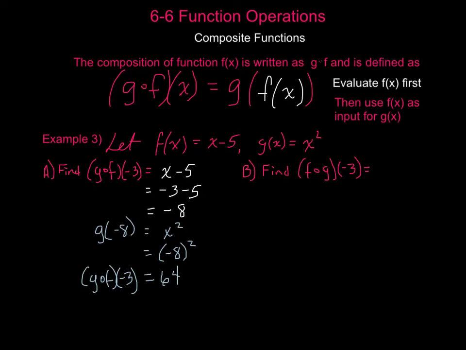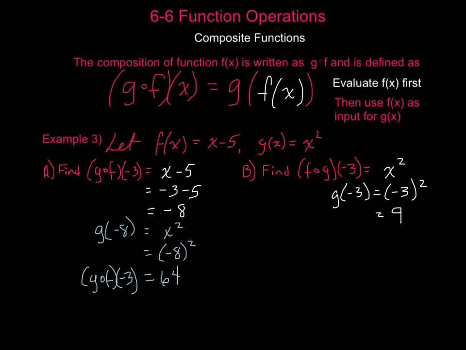For b, we need to find f of g of negative 3. So this time we're going to take negative 3 and plug it into g of x first. So we're going to rewrite g of x, just copy it down. And now we're going to have g of negative 3. So that means we get negative 3 squared, which will give us 9.